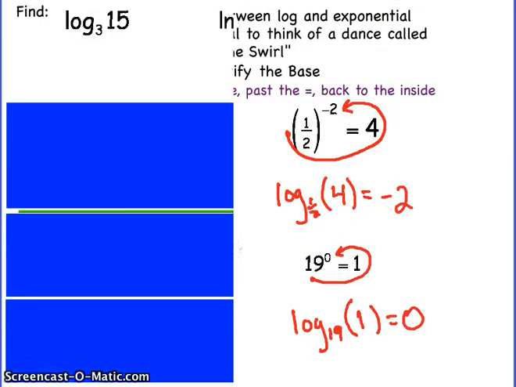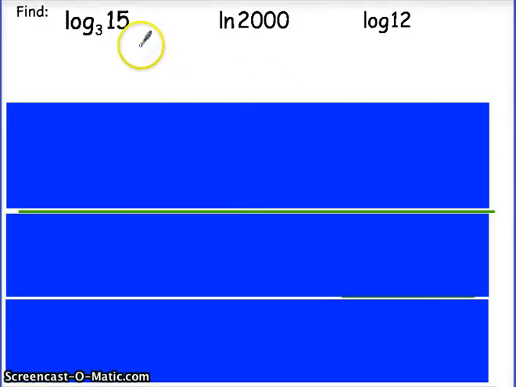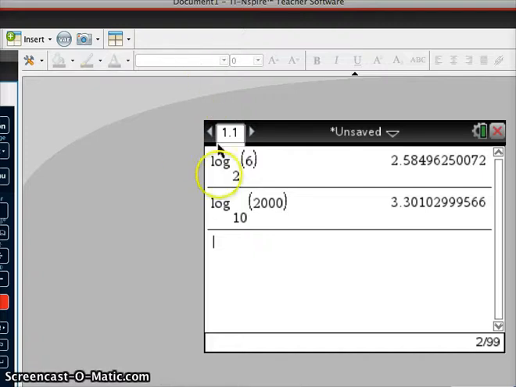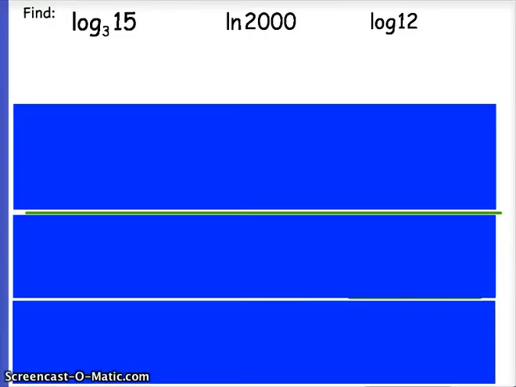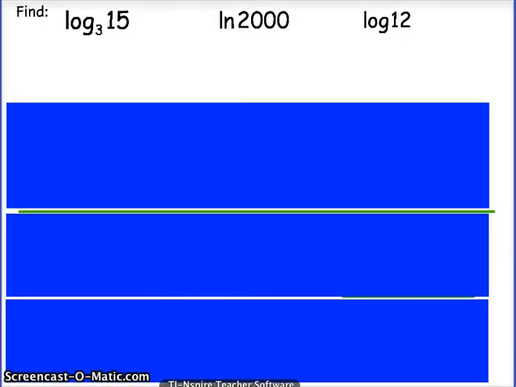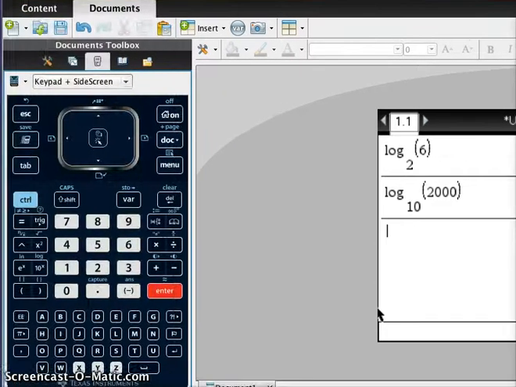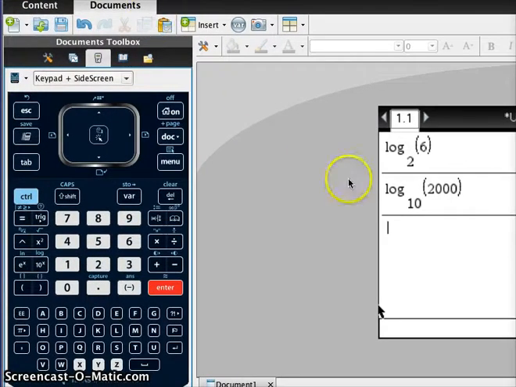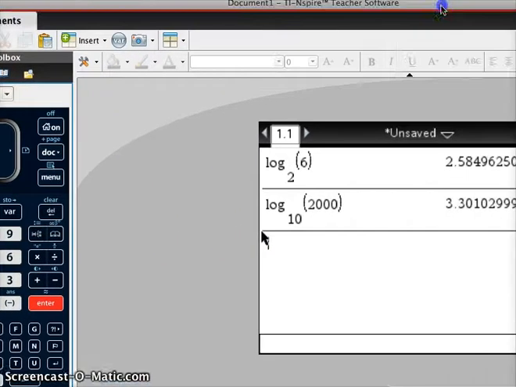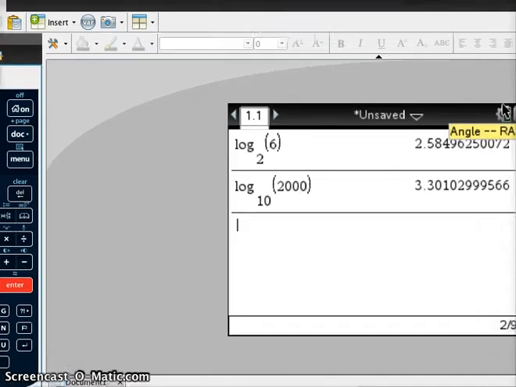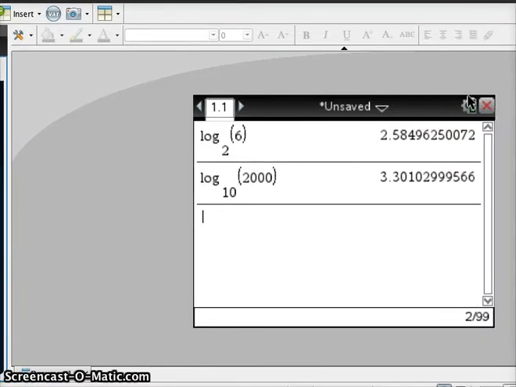Well, once we know how to convert logarithms, we want to know a few of the basics. So again, how to type them into the calculator. A good lesson in that would be to try typing in log base 3 of 15. So back on our calculator, and I'll try to position it so that we can see the controls here.